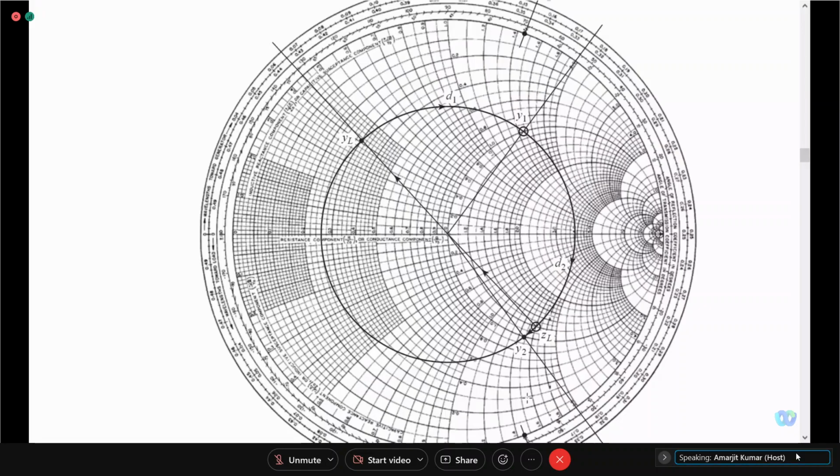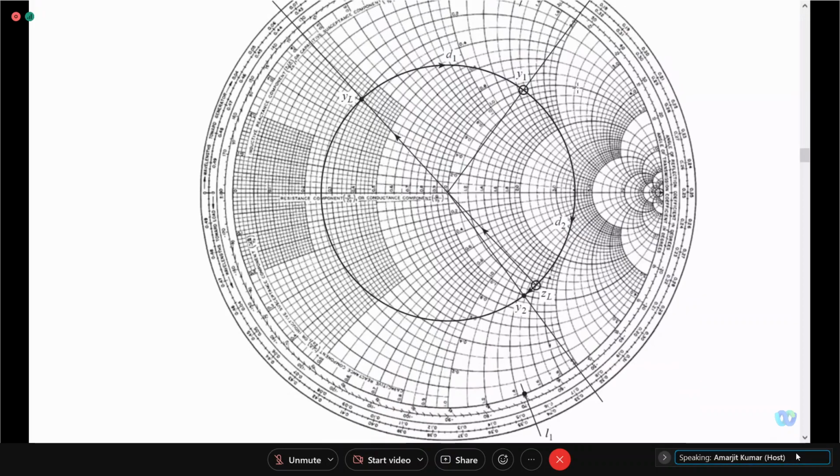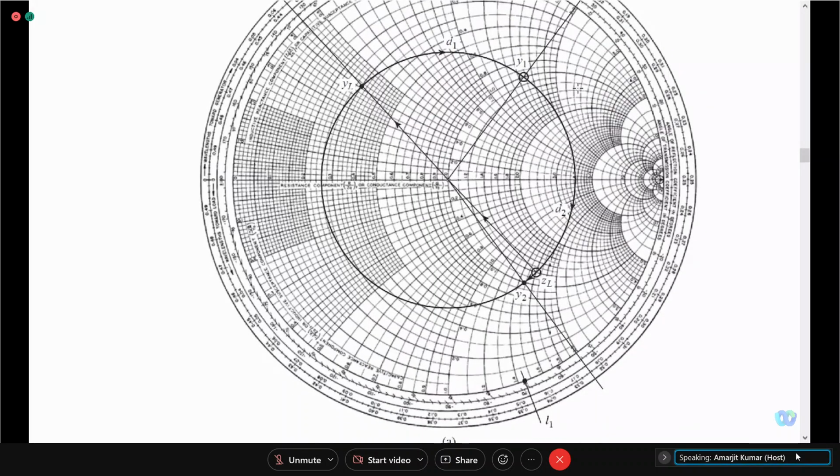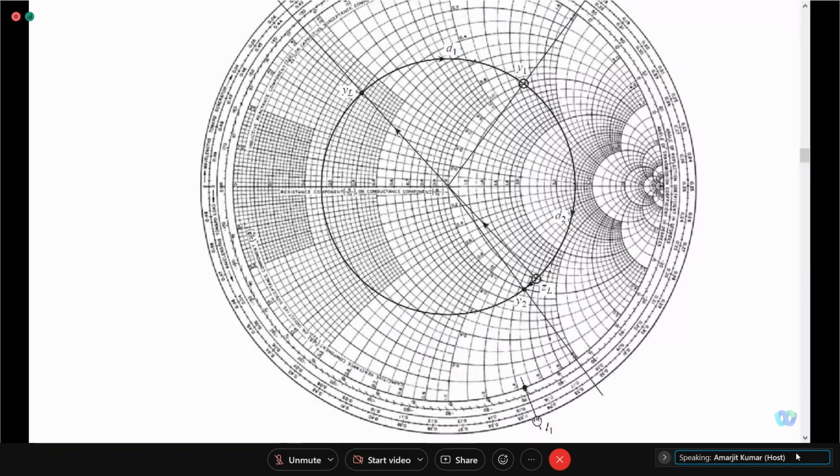So if we take 1.47, as per the theoretical discussion, for finding the length of the stub, the susceptance of the stub should be equal to minus the susceptance. For the first solution D1, Y1 is 1.47, so I have to go for minus 1.47, so that it can cancel. Where is minus 1.47? It is here, indicated L1.